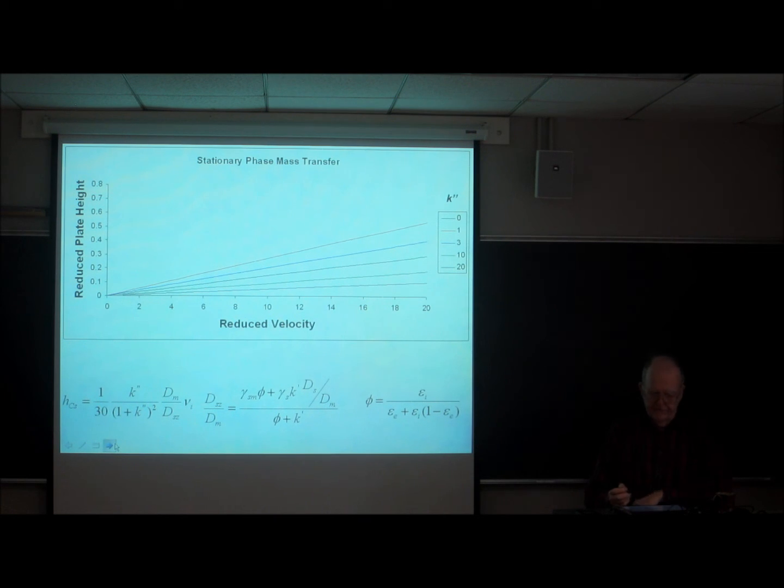And here's the result of the calculation. Here's the reduced plate height, reduced velocity. These are straight lines. They are straight lines because there's no convective help. And I'll leave it there for now, because we're about out of time.